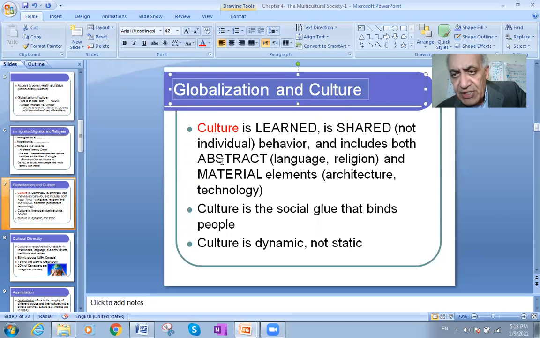So culture includes all those together. Culture is the social glue that binds people. Very nice expression, like a glue which binds the people all together. Culture is dynamic, not static. It's moving. It will never be static.